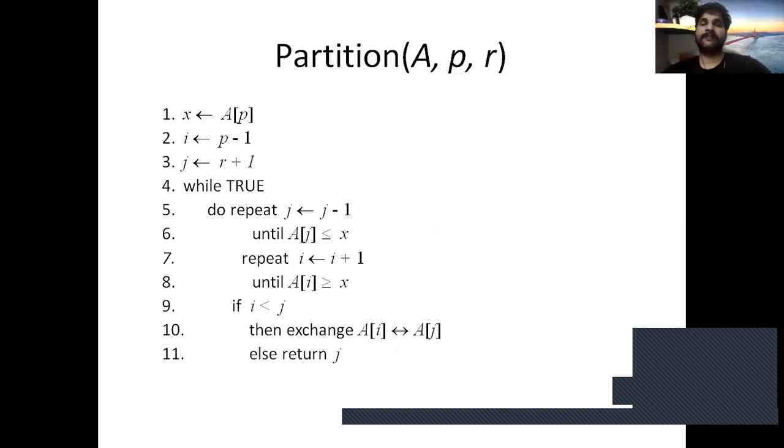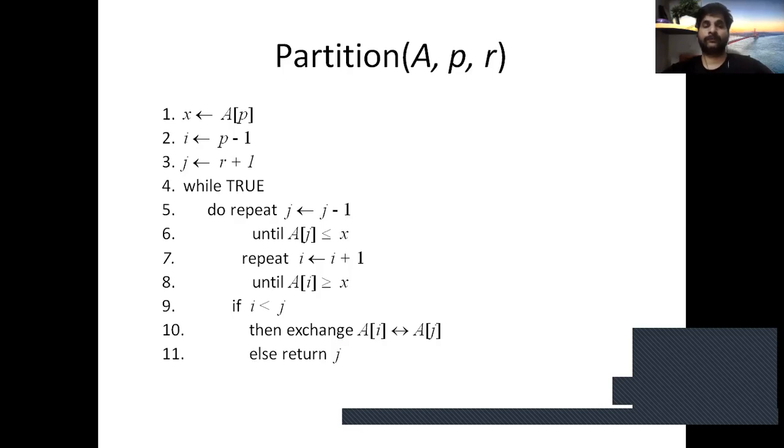Partition function and partition pseudocode. In partition of quick sort A, p, r, here array of p is assigned to the value x, that is, the first element at index p is assigned to x, and i is equal to p minus 1, j equal to r plus 1.